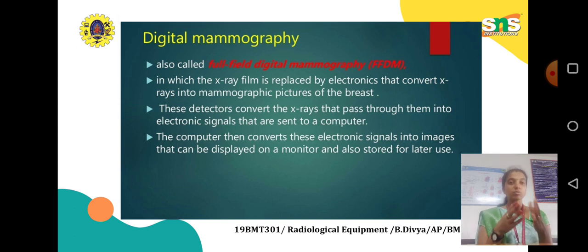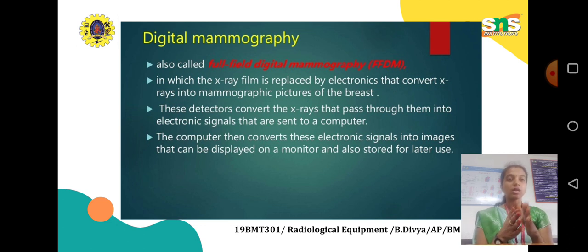In a normal mammogram we have X-ray films, but in the digital mammogram we replace the X-ray films by electronics that convert X-rays into mammographic pictures of the breast.